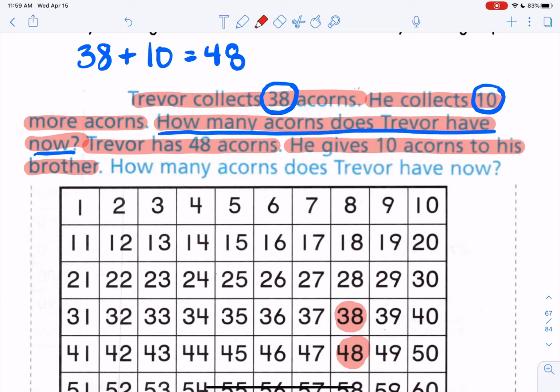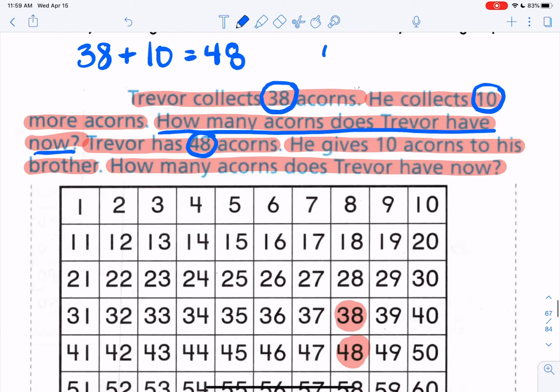We're going to subtract. The question is, how many acorns does Trevor have now? Well, the subtraction problem is going to be 48 minus 10.